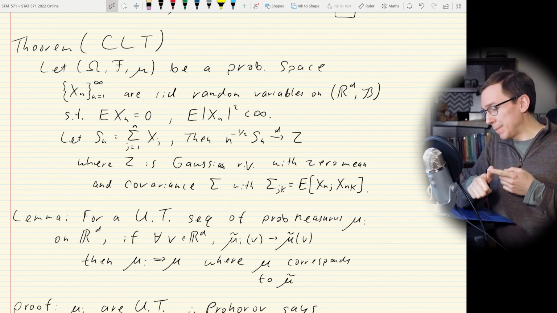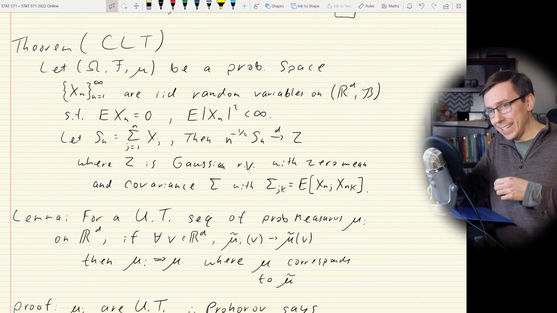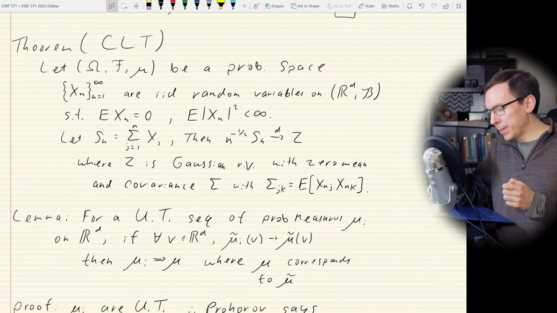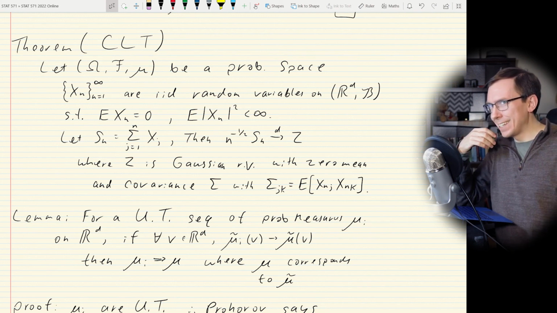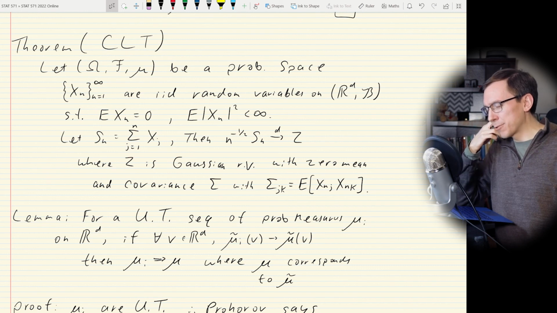You can get a central limit theorem where the xn's are not necessarily IID. They're still independent, but they may not be identically distributed. As long as the variances are nice enough, you can get another type of central limit theorem.